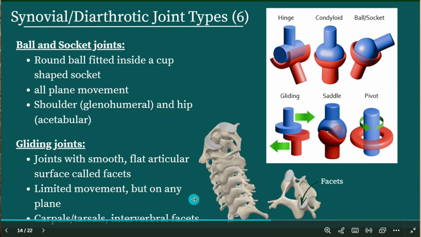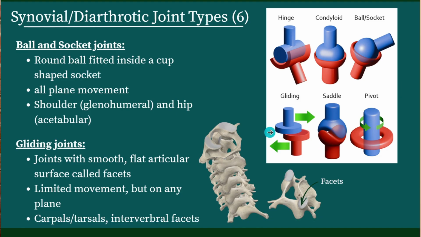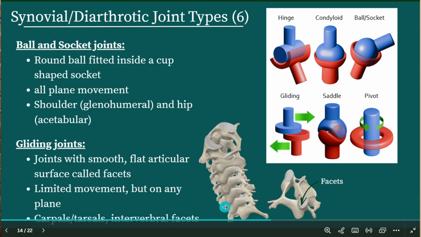Intervertebral facets are classified as synovial or diarthrotic joints because they slide back and forth. So those are synovial joints. They have synovial fluid. When we talk about the cartilaginous joints, that is referring to the joints between the bodies of the vertebrae.